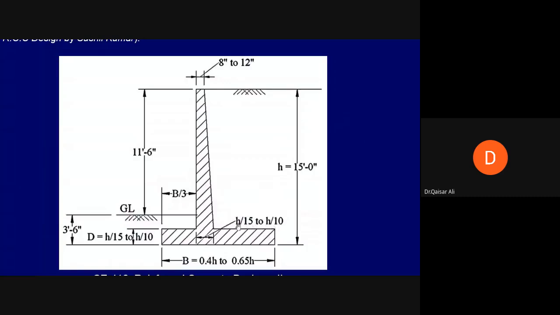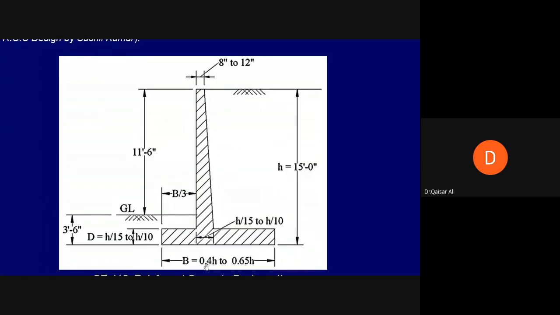Any value from h by 15 to h by 10 can be used for the size at the base of the stem. Okay, the total length of the base of the retaining wall can be assumed from 0.4 h to 0.65 h. For example, if h is 10 feet, this can be 4 feet and 6.5 feet.